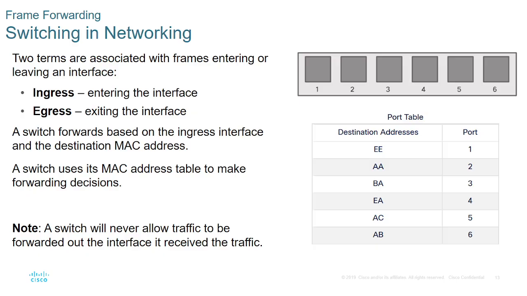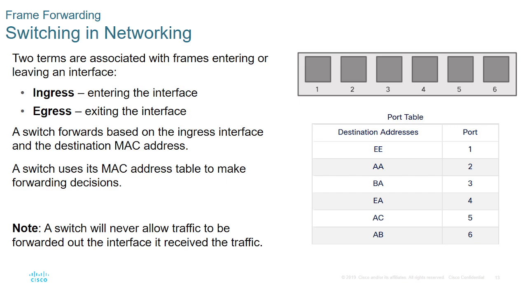Two terms associated with frames entering or leaving an interface on a switch are ingress, which means entering an interface, and egress, meaning exiting an interface. At ingress, you normally find the sender of the data moving from the computer into the switch. At the destination, it will be exiting the switch, that is egress.